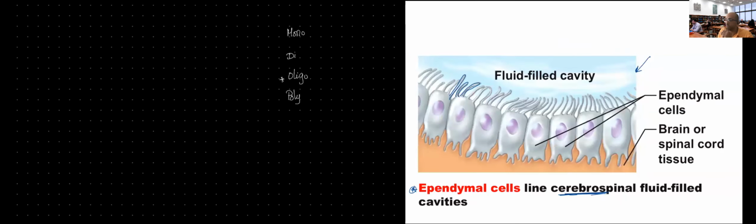The other neuroglial cell that we've seen was the microglial cell, a defensive cell located inside the CNS. Then the ependymal cells, which are the cells with cilia lining the cerebrospinal fluid-filled cavities inside your brain, allowing the cerebrospinal fluid to circulate within those cavities.